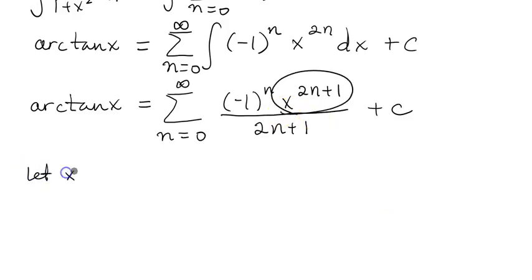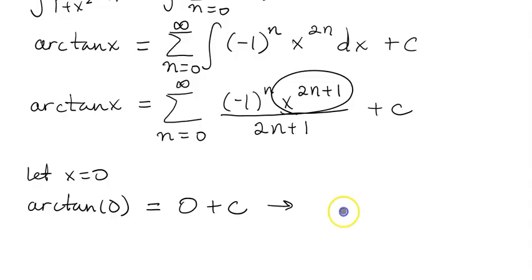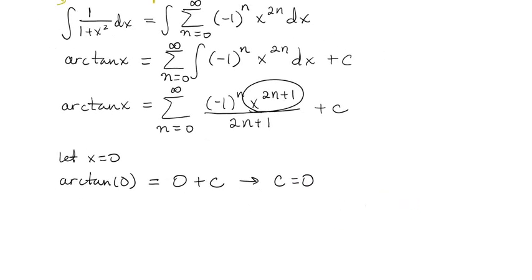Let's let x equal 0. So we get arctan of 0 equals, well, that entire sum just goes to 0, plus c. And arctangent of 0 is 0, because 0 is the only angle between negative pi over 2 and pi over 2 that has a tangent value of 0. So now we know that c is equal to 0, and we are done.